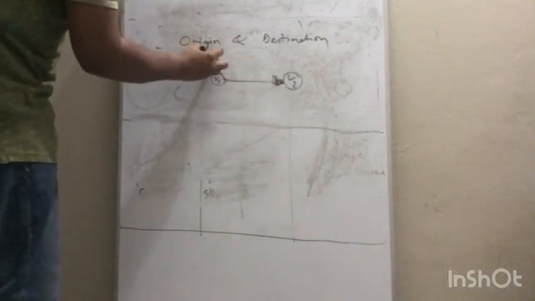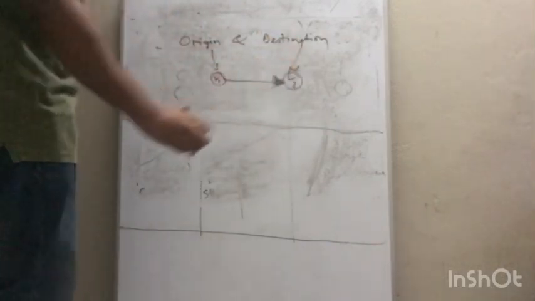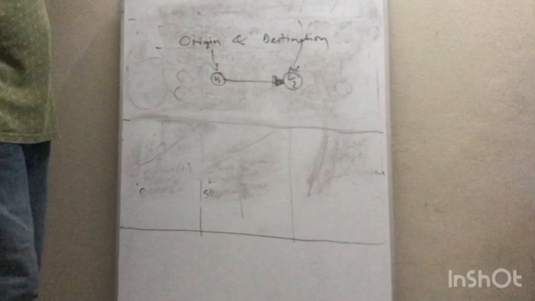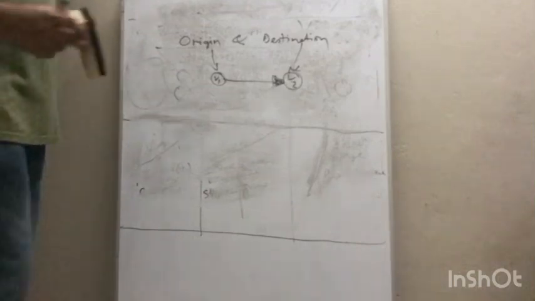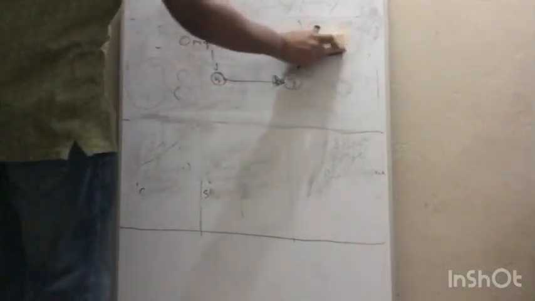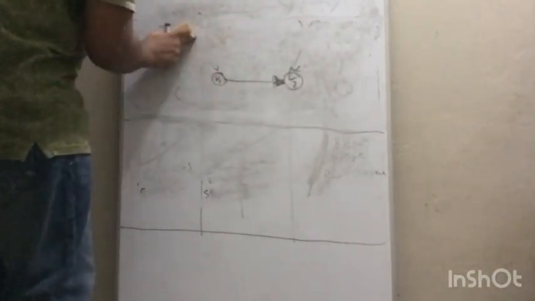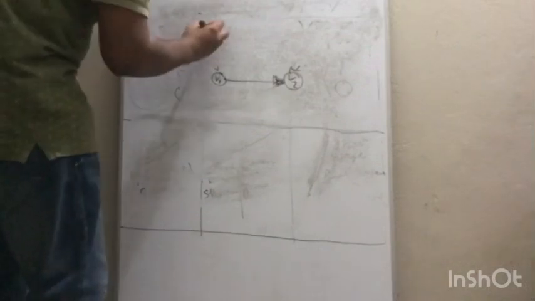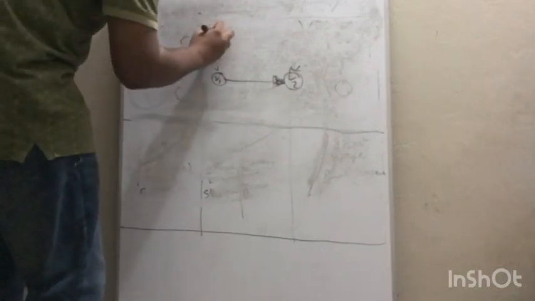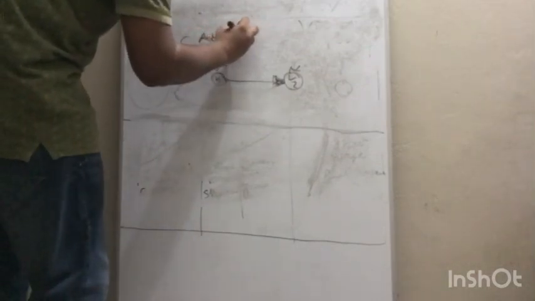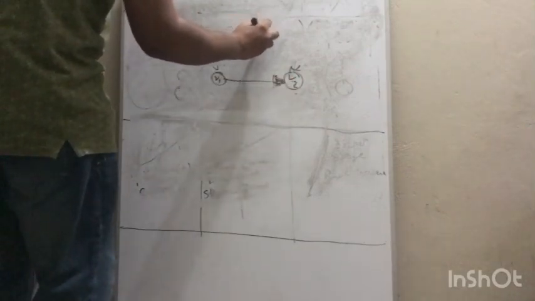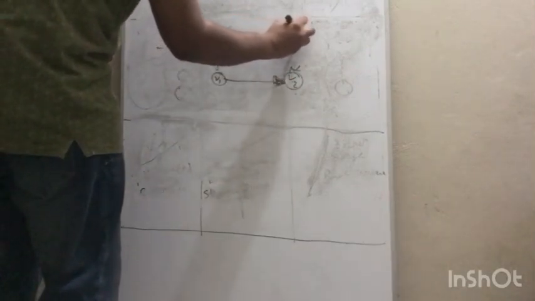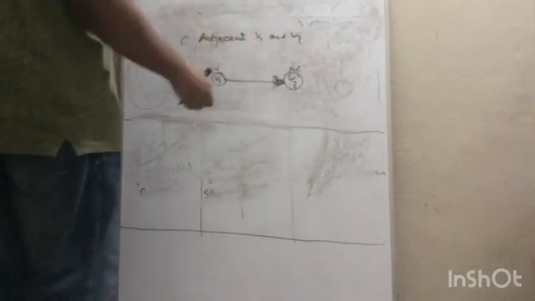This is called the origin, this is called the destination, because V1 then V2. Adjacent: here V1 and V2 are adjacent to each other.